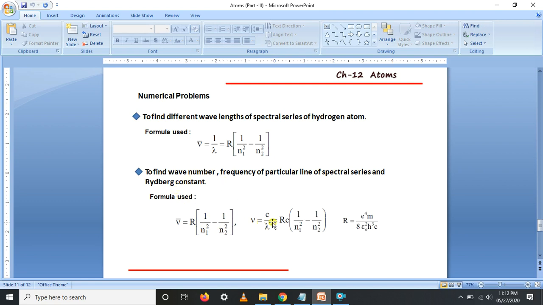For frequency, ν is equal to c by λ is equal to Rc in bracket (1 by n1 square minus 1 by n2 square). And for the Rydberg constant, R is equal to e to the power 4 m divided by 8 ε0 square h cube c. You should remember these four formulas. These are very important, and in this chapter the numerical problems are solved using these formulas only.